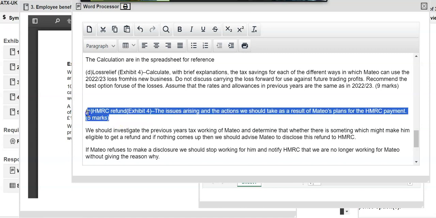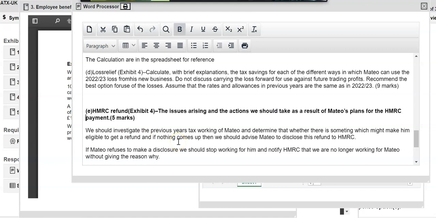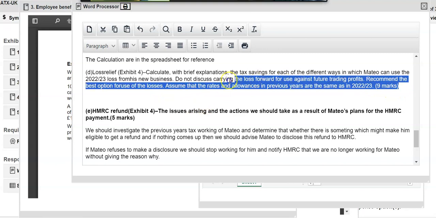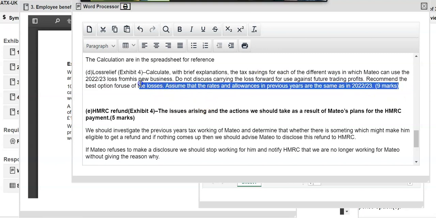Agreed? So let's highlight this point. Okay, so we have to write something about the loss, and that's a 9 marks part. So let's say if I don't do this, I am still passing this question. So we have to write, and also we have to recommend the best option, right?